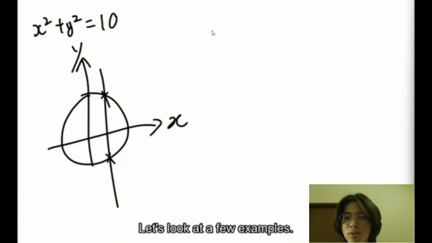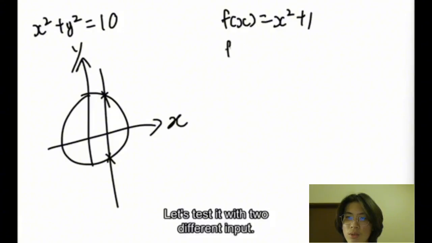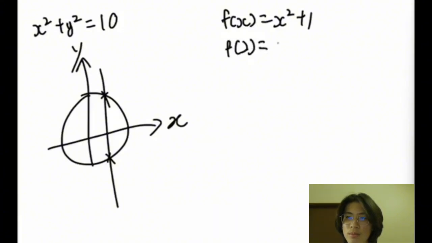Let's look at a few examples. Example 1. f(x) = x^2 + 1. Let's test it with two different inputs. x equal to 2.